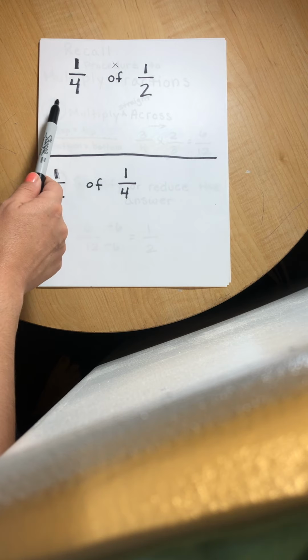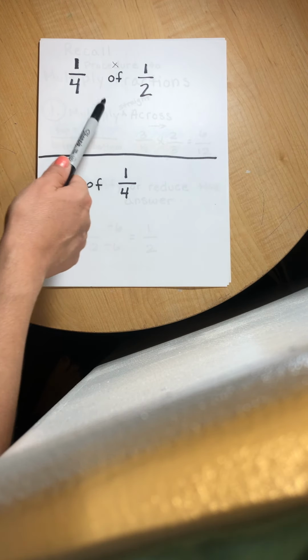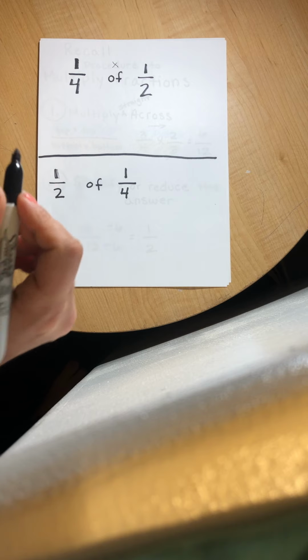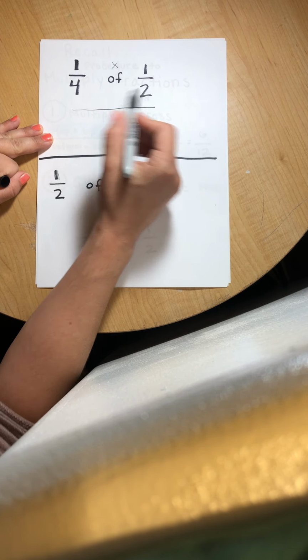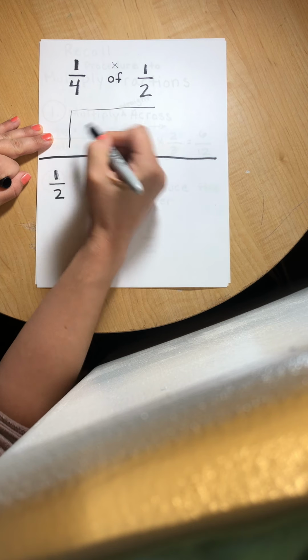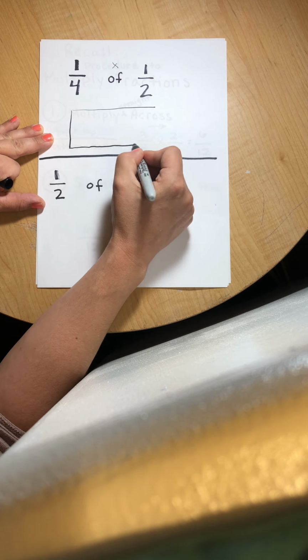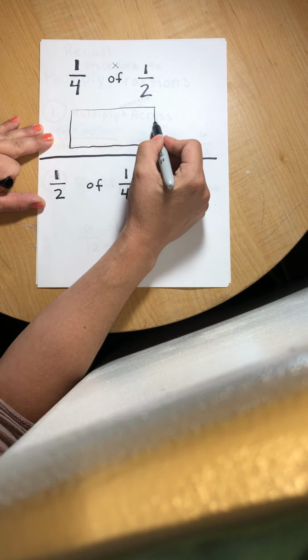So we're going to talk 1/4 of 1/2. Since it's of 1/2, we're going to start with 1/2. So first, I will draw a whole. And I'd like you to follow along with me on your paper and do this as well.